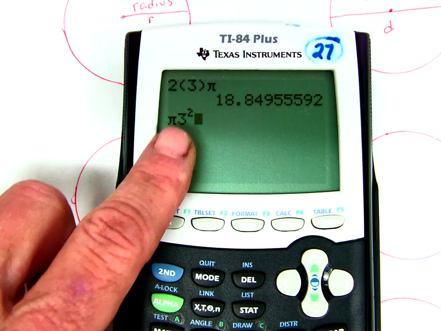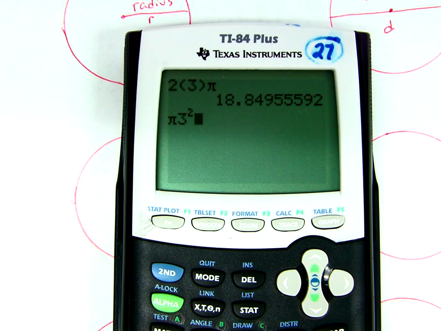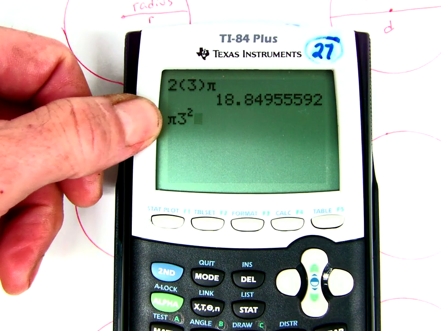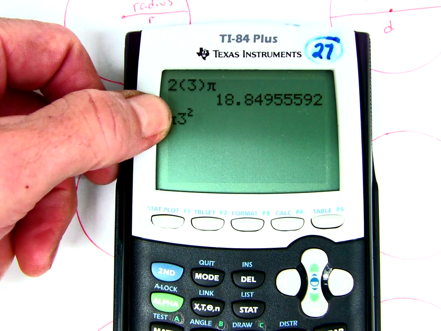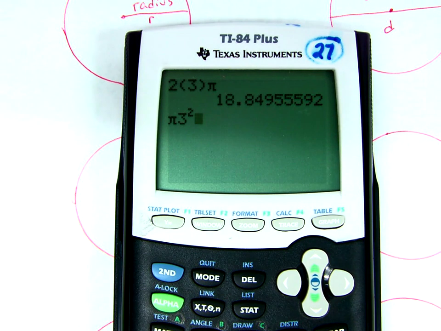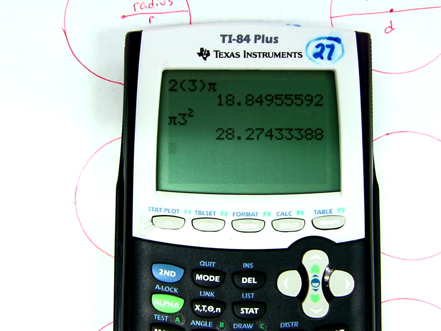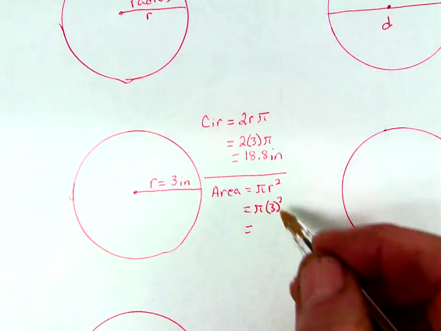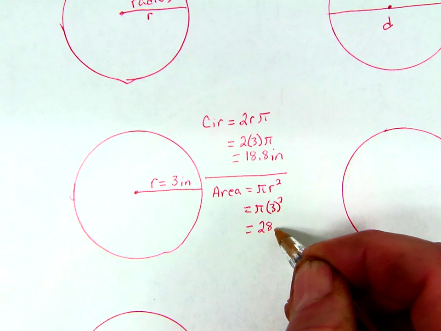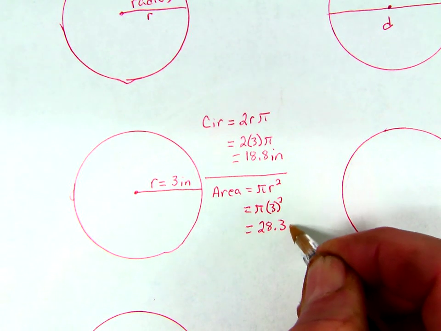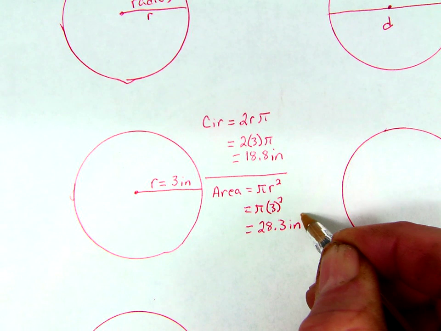You'll notice that I didn't use any parentheses around the 3. Pi is a symbol, and when you put that symbol right next to a number, the calculator knows that you mean multiply. 28.3 inches squared.